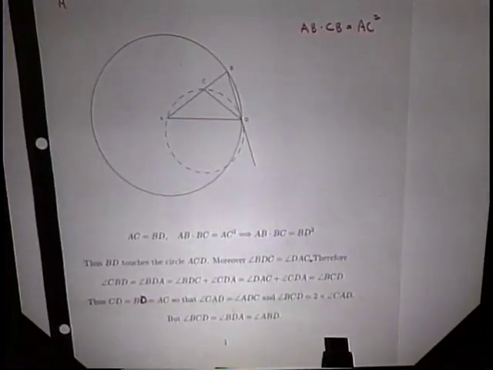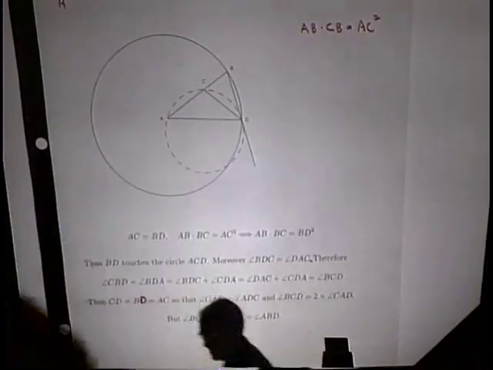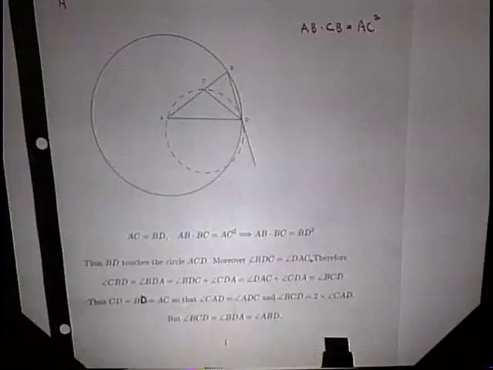We want to construct a triangle which was, and let me go back, and if I can find the picture of the triangle that we wanted to construct. I'll never get to it.